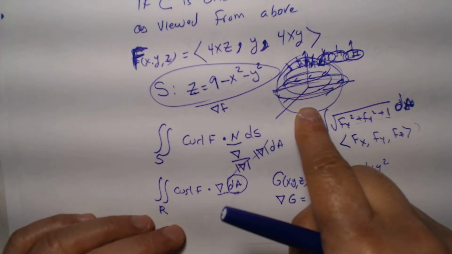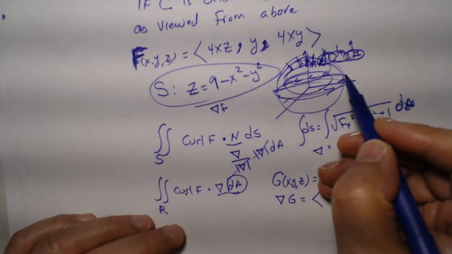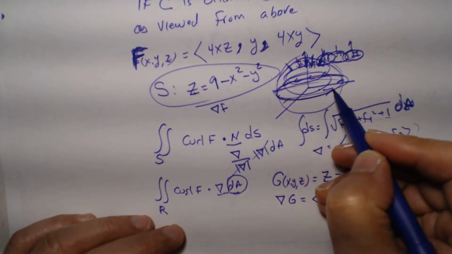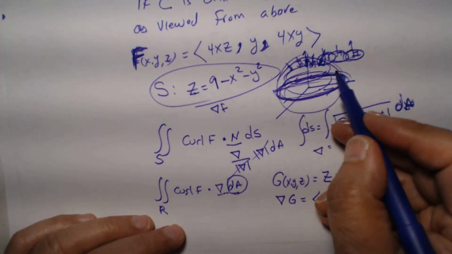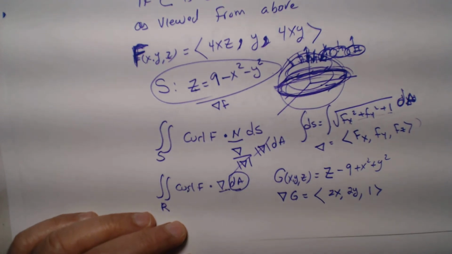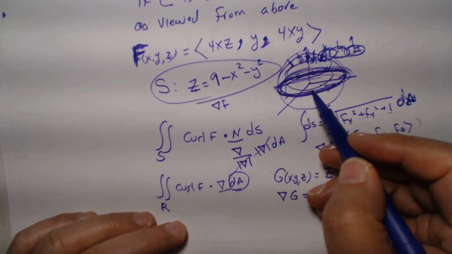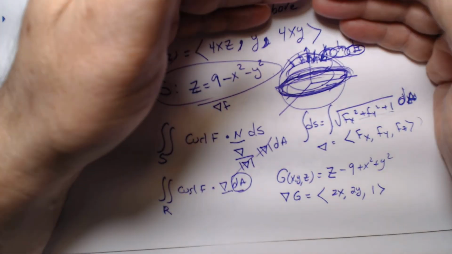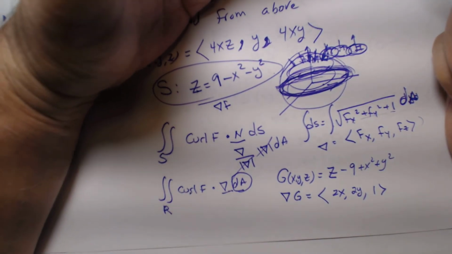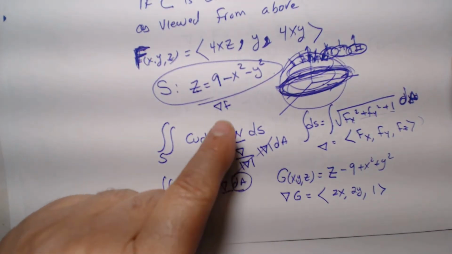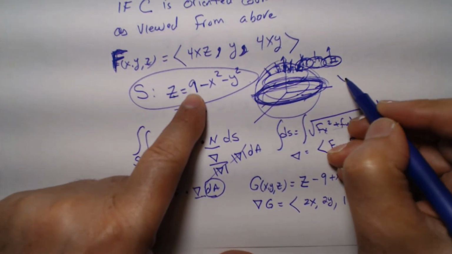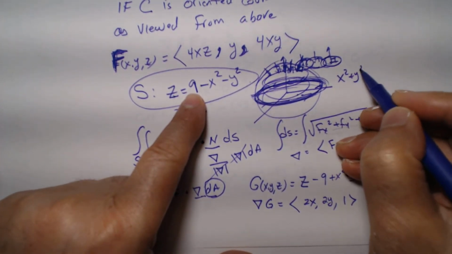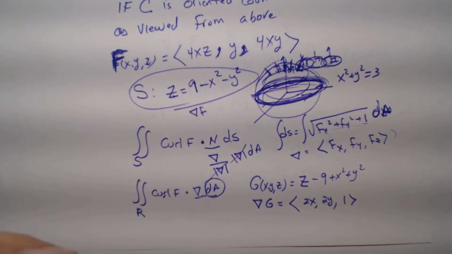Look at your surface. It is the same dA as in Green's theorem. It is that region, that curve. That curve is a projection from the top, the projection of the surface on the xy plane. Means z is 0, and if z becomes 0, you have x squared plus y squared equal to 9.